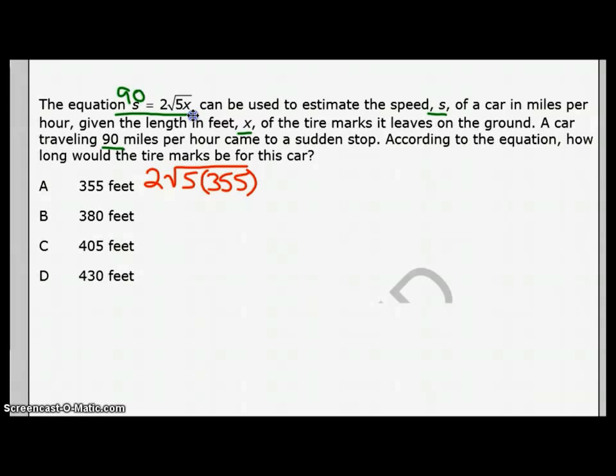Another way would be to solve the equation algebraically.